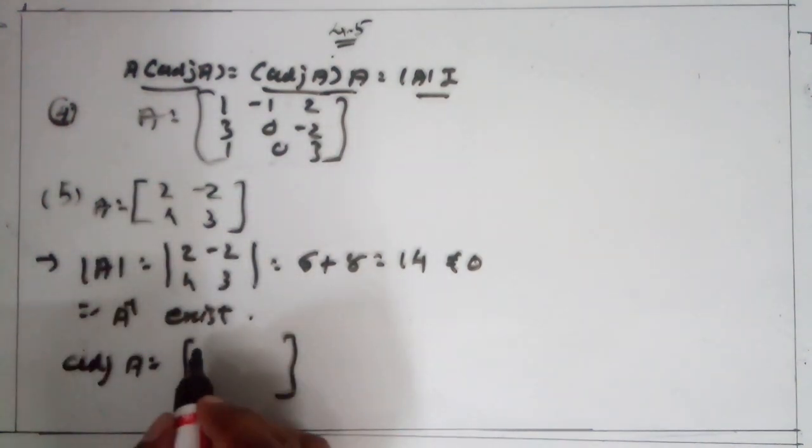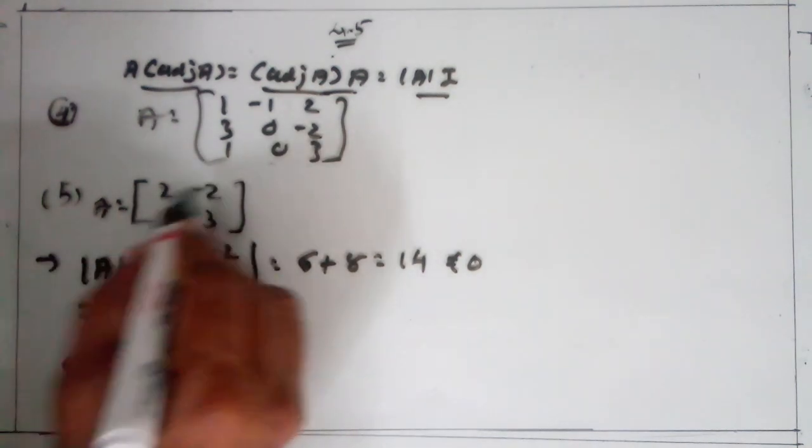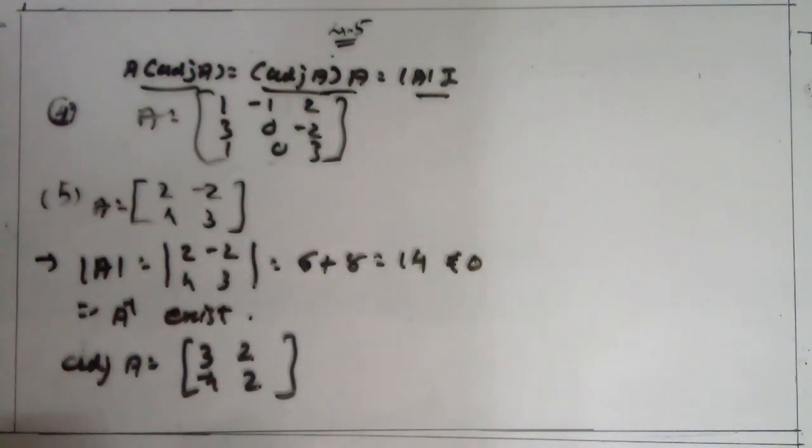Interchange the principal diagonal entries 3, 2. Change the sign of the leading diagonal entries 2, minus 4. So this is the adjoint of A. Clear?